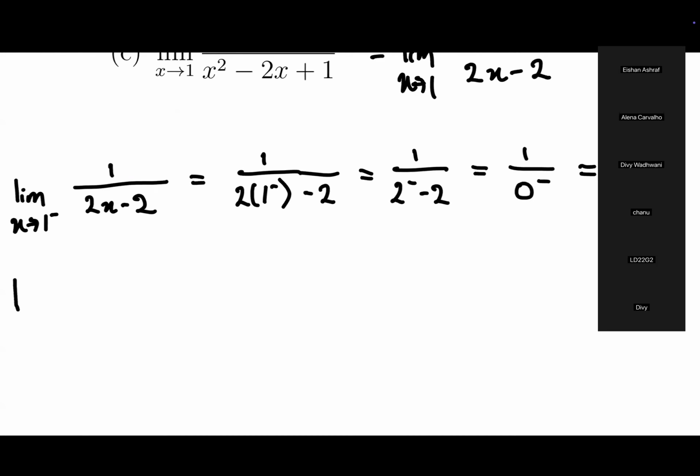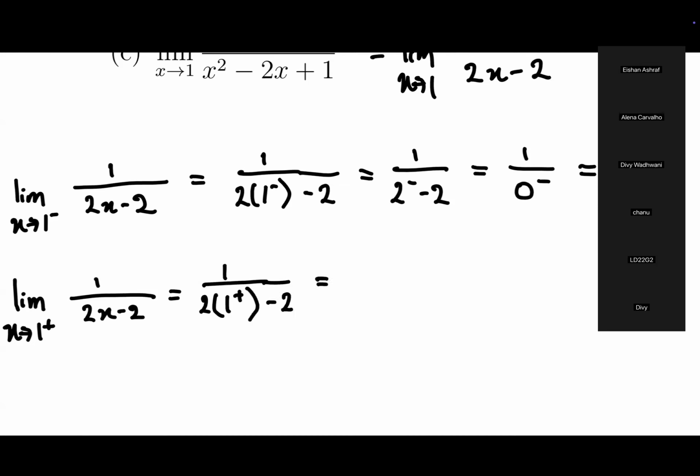Let's do the same thing for the right-hand side: 1 over 2x minus 2. Applying direct substitution, x is slightly greater than 1, so 2x is slightly greater than 2, and we subtract 2 off of it.